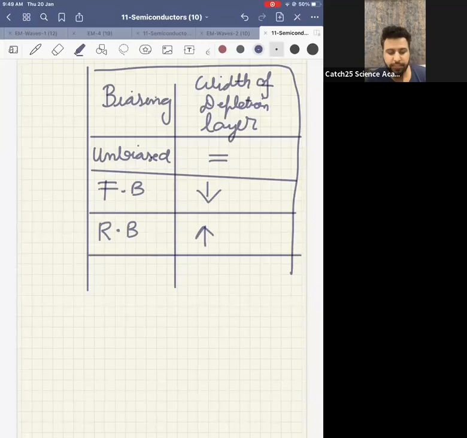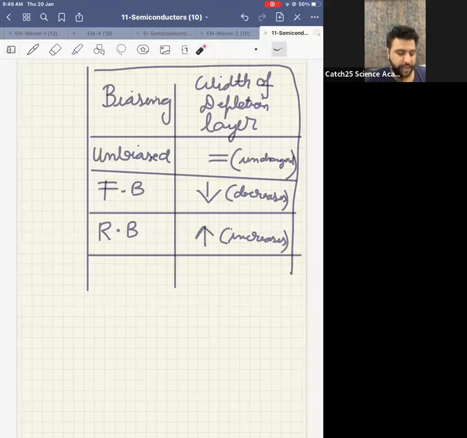You can write this as a summary. For an unbiased diode, the width of the depletion region is unchanged.